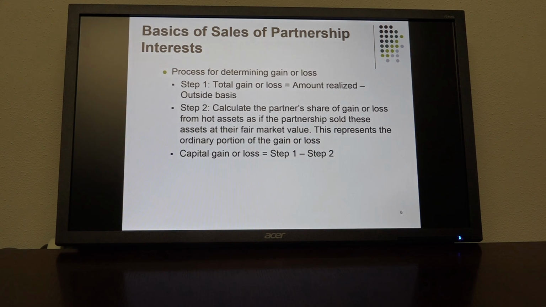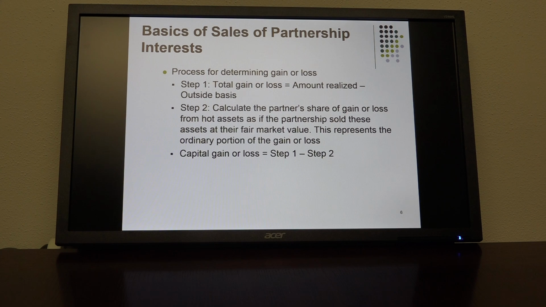And so in a case where a partner is selling an interest in a partnership that has hot assets, the process for determining gain or loss is different. And so here are the steps. Step one, you figure out your total gain or loss by subtracting the seller's outside basis from the amount realized.